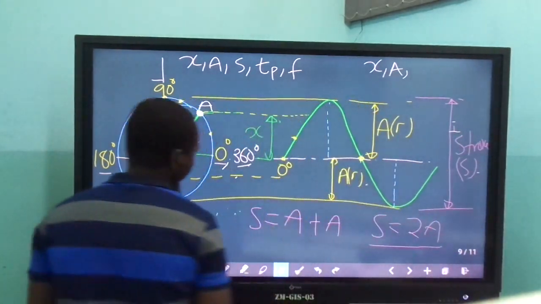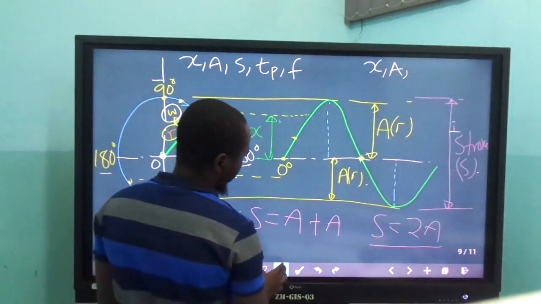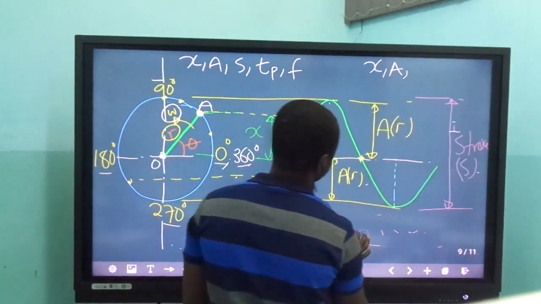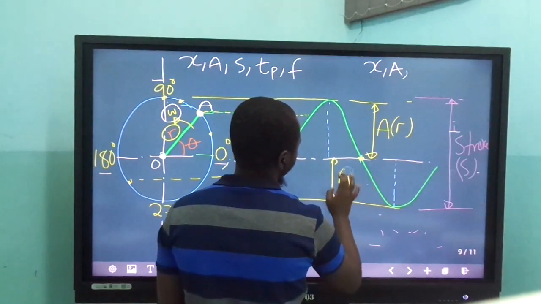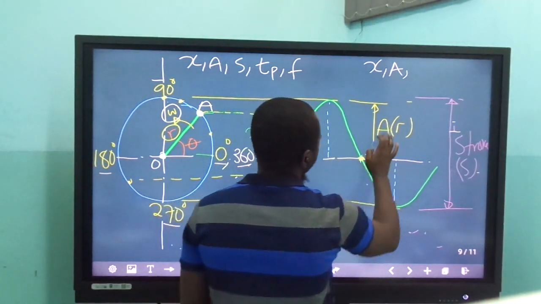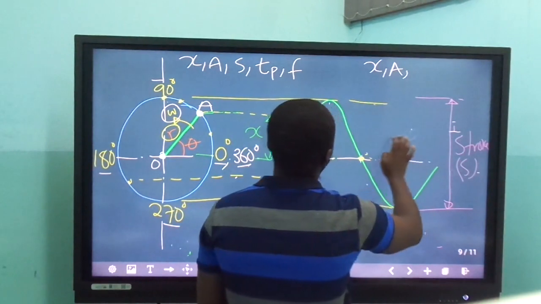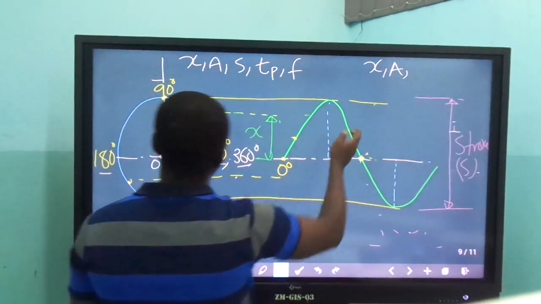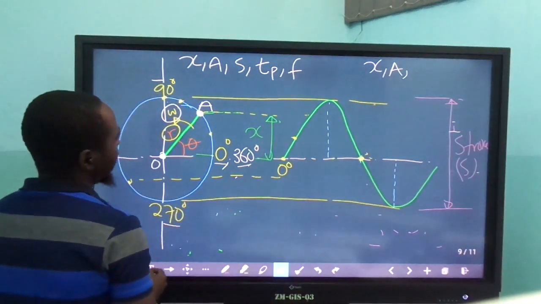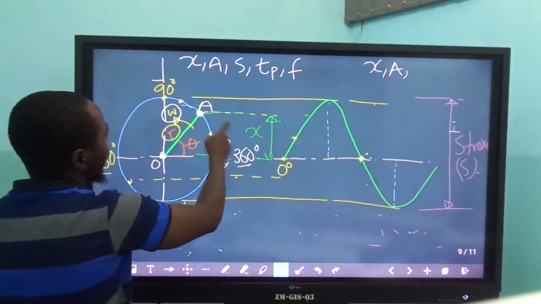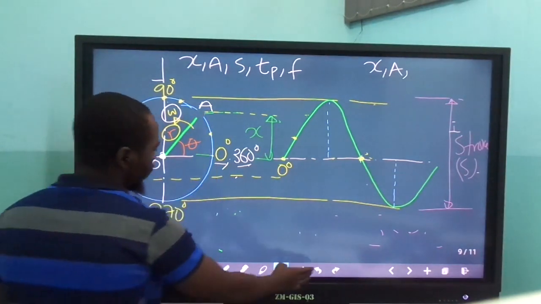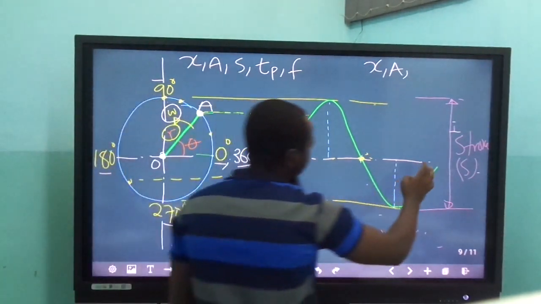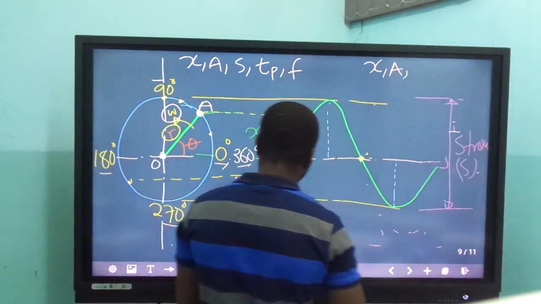Okay, so now this plot that has given us a curve is a plot of the displacement of the particle against time.